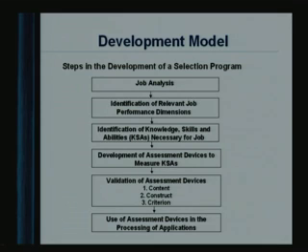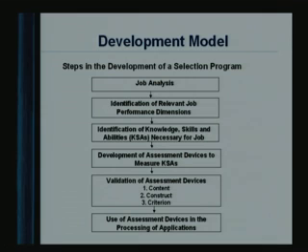After this third step, we look at the development of assessment devices to measure KSAs. That means how do we make sure that the person has the required knowledge? How do we measure these skills? How can we measure these abilities? So we can think of one, two or several methods of measuring the knowledge, skills and abilities which are necessary to perform the job.